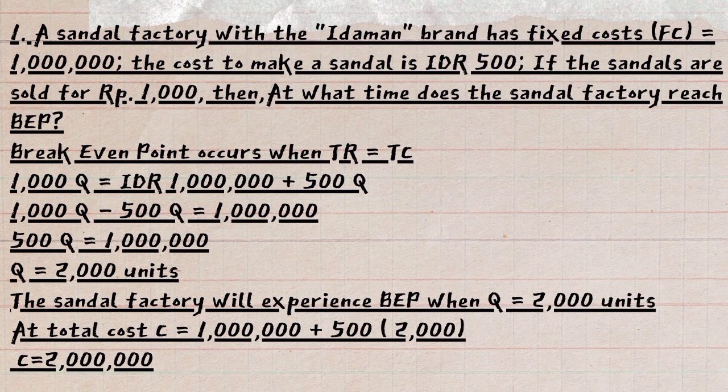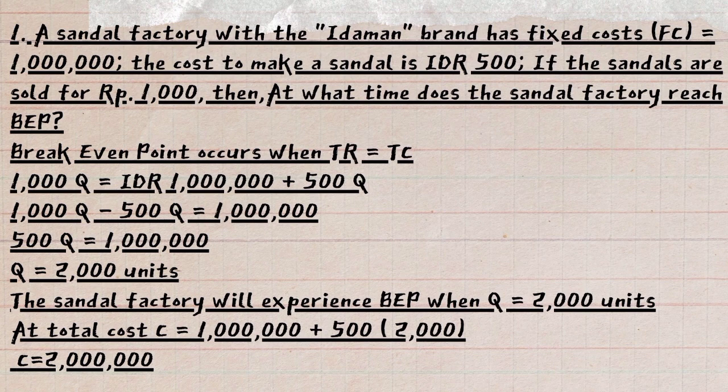And the example question is 1. A sandal factory with the Idaman brand has fixed cost of FC 1 million rupiahs. The cost to make a sandal is 500 rupiahs. If the sandals are sold for 1000 rupiahs, then at what time does the sandal factory reach BEP?